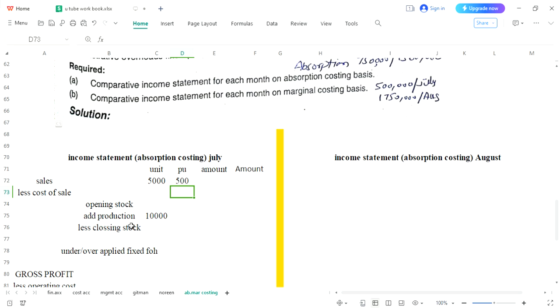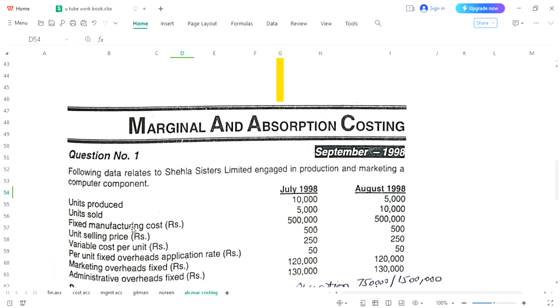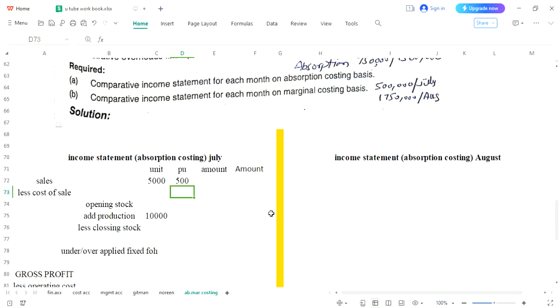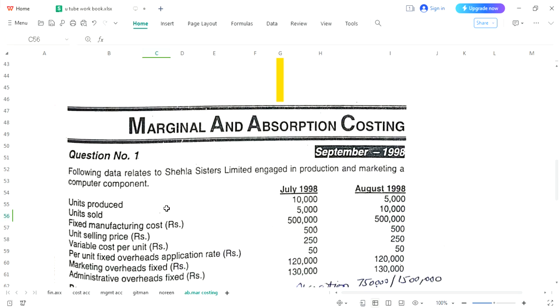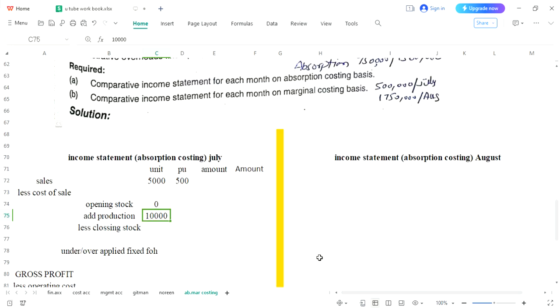Since our production started in July, there will not be any opening stock, so you can directly write it here. Closing stock we will see later on. Variable cost is 250 and fixed cost is 50.